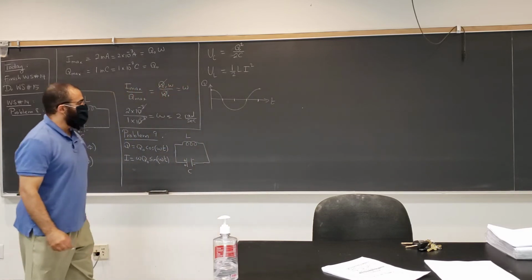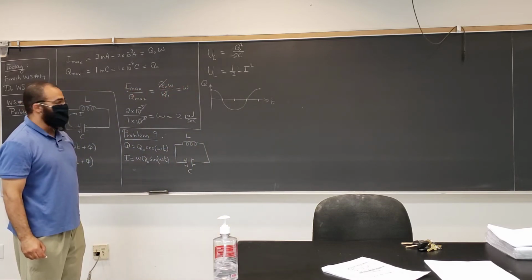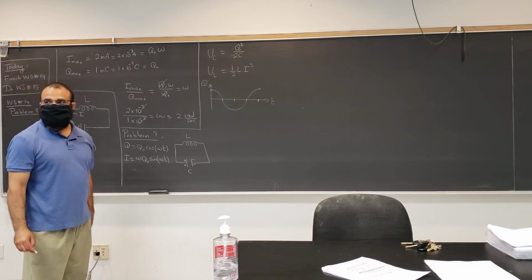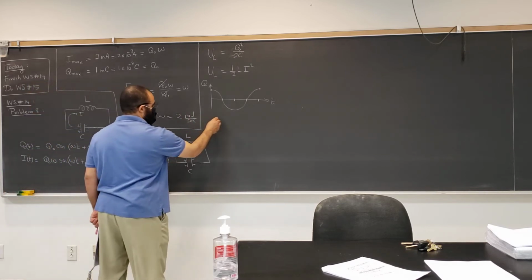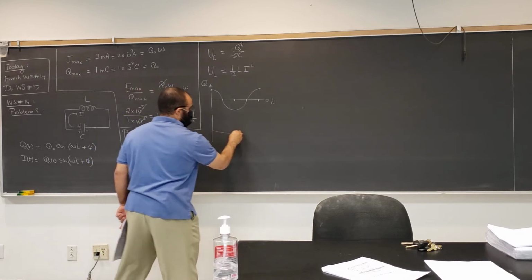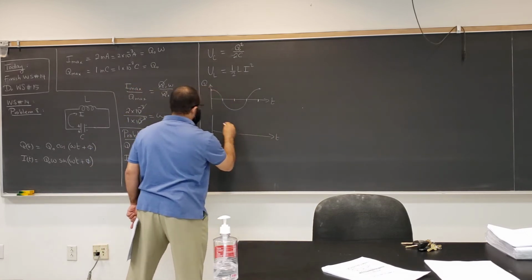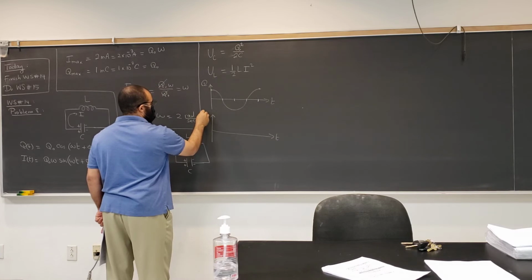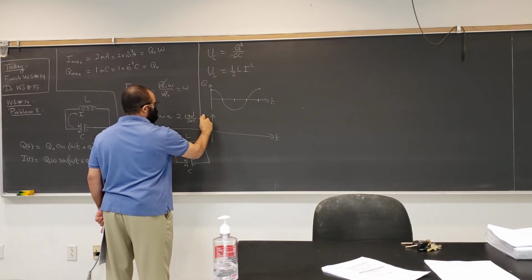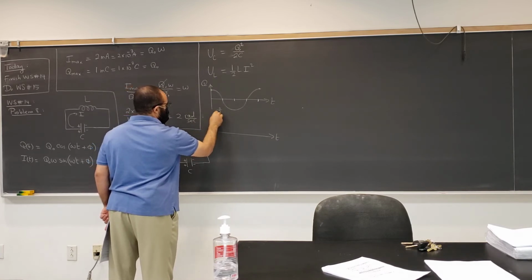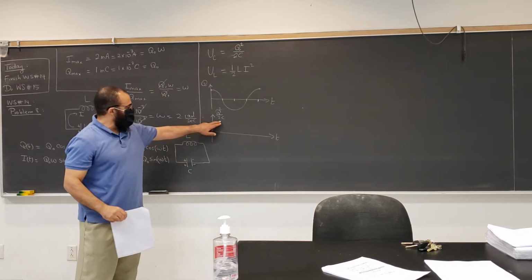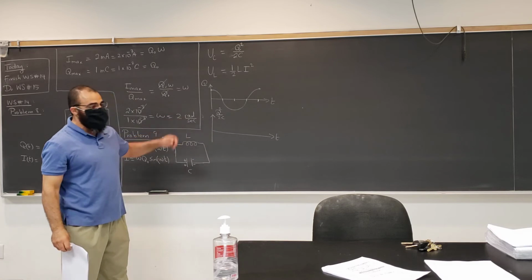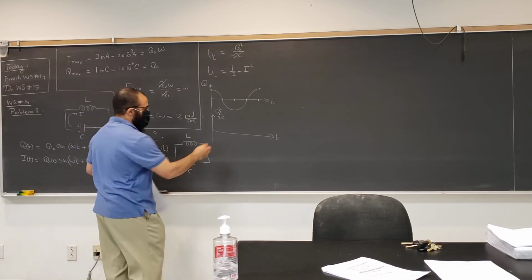That's the charge. But energy goes like charge squared, so let's square. If I plot q squared over 2C, it's the same function, but you square the q and divide by a constant.